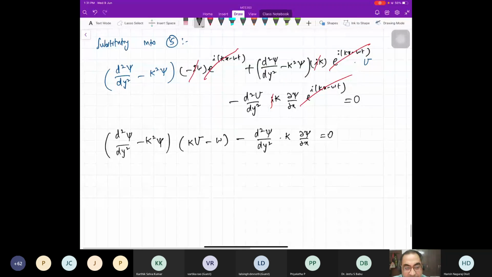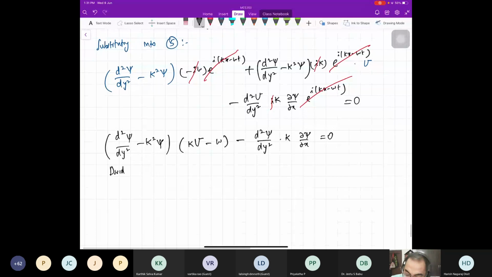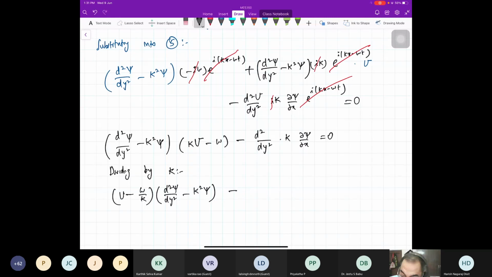If I divide throughout by k, I have u minus omega by k times d square psi by dy square minus k square of psi, minus d square u by dy square.